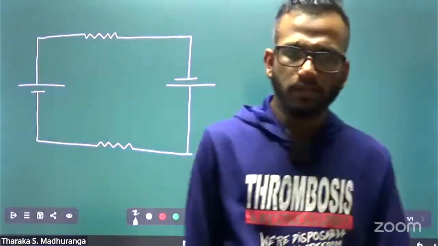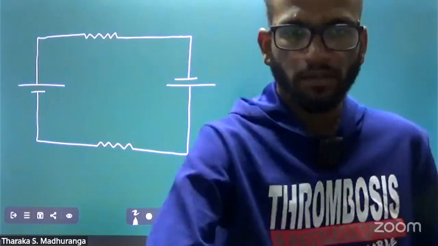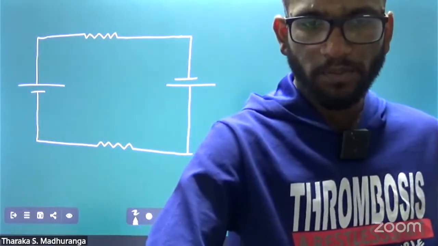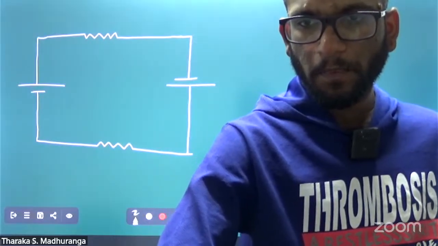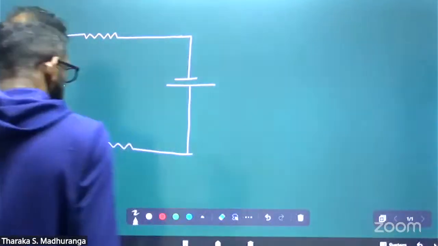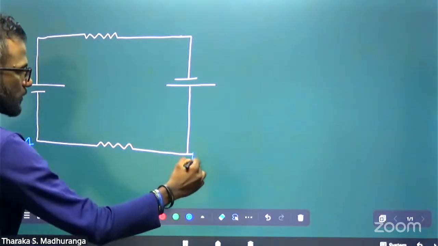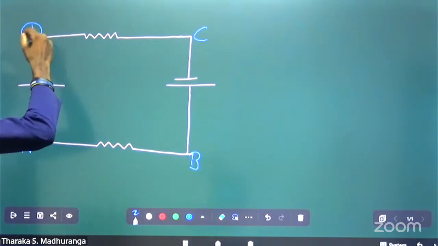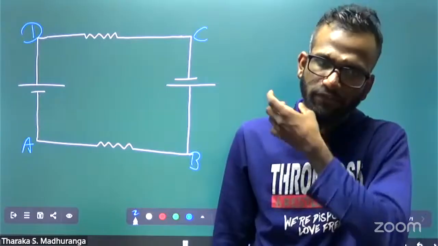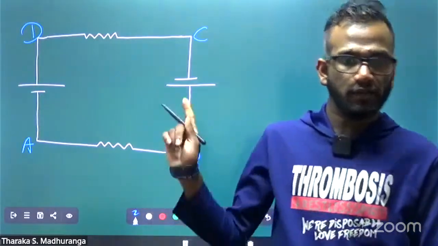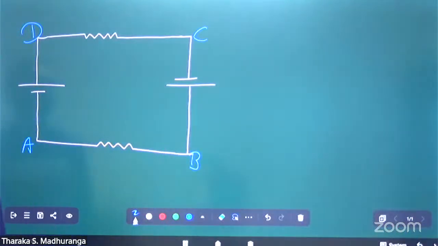This is a very simple circuit. It has only one complete loop. Then I can label this circuit as A, B, C, D. It's not a rule. As your preference, you can label this. If specific labels are not given, you can use these names. It's totally up to you.